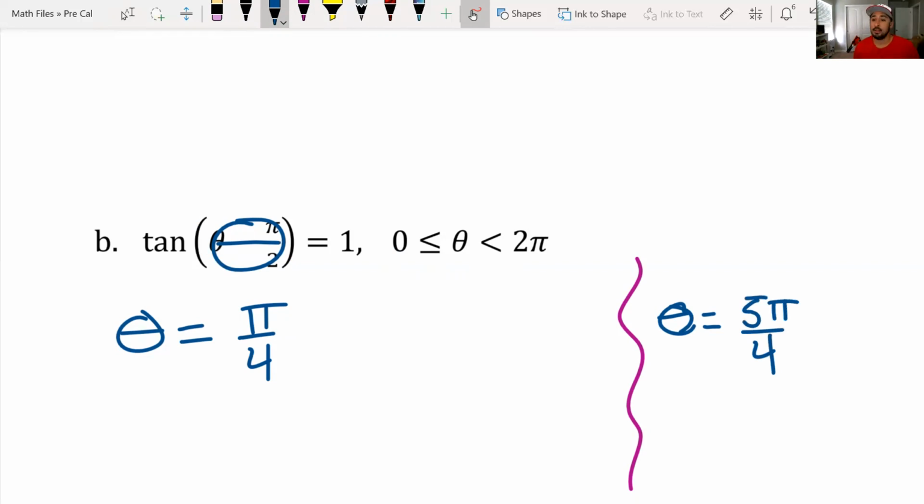Okay. And then we have to think about the revolution, the period, the cycle of tangent. And tangent repeats itself only every pi k plus pi k.